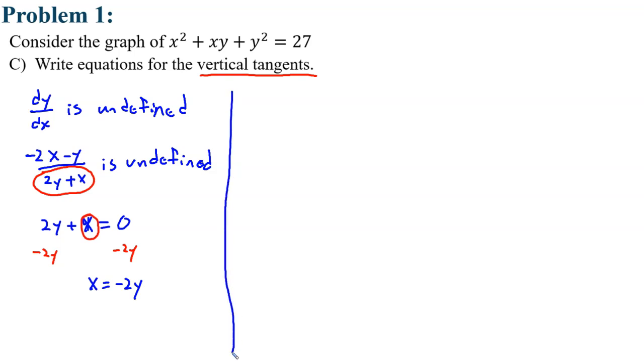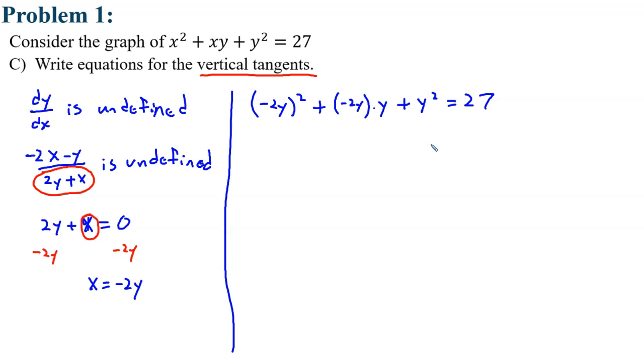Okay, and just like we saw for the horizontal tangents, by plugging our variable back into the original equation, we can do that here. This time I've got an expression for my x, so instead of x squared, I'll just go negative 2y squared. All right, plus a negative 2y for the x times y, plus a y squared equals 27.